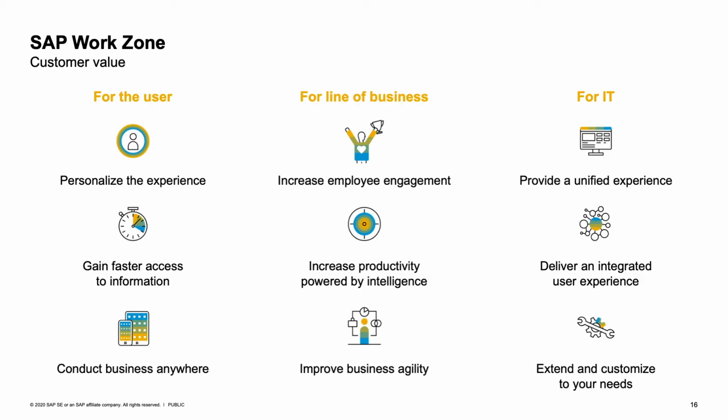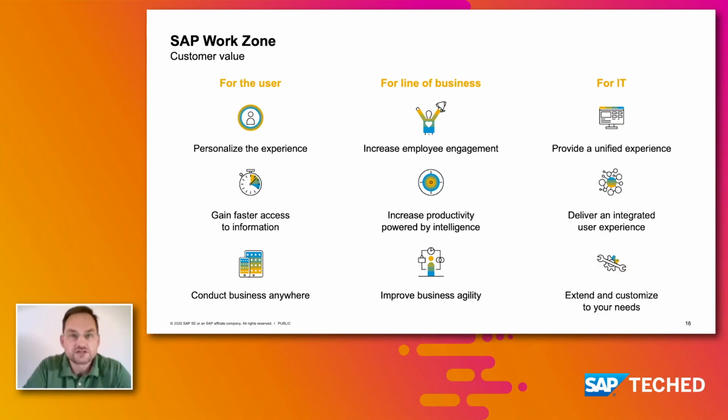To summarize what we saw today, SAP Work Zone really provides great customer value, and it is of great value for different personas: for an end user, from an admin perspective, and a developer persona. So let's cover some of them. From a user perspective, we saw it's really a better way to personalize the experience.